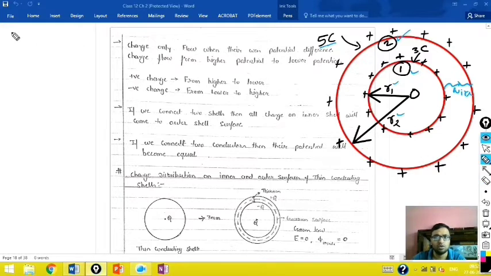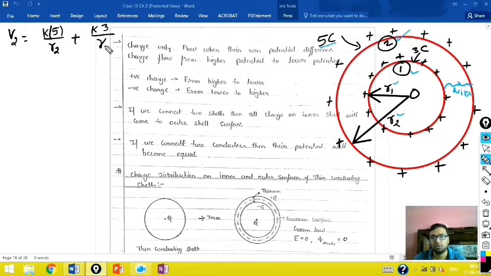The potential of 2, the outer sphere, is kq upon r: due to its own charge it will be k5 upon its own radius r2, plus due to the inner sphere it will also get some potential, and that will be k3 upon r.